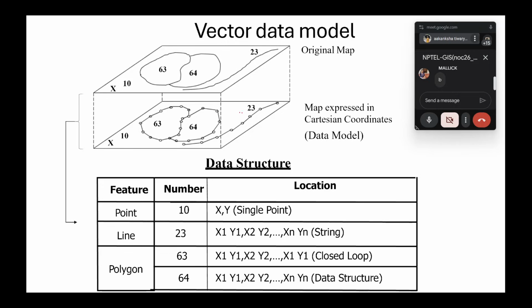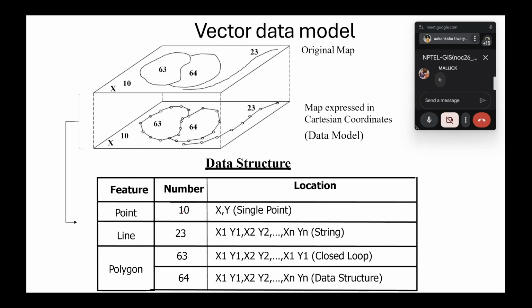Now if you see here, this is the original map, and this is the map that we have created. For this we manually trace the map, and these are the points you are taking, which are going to be stored.